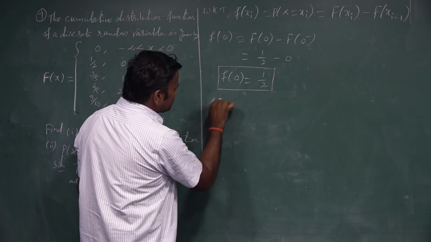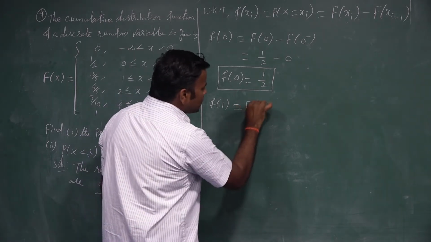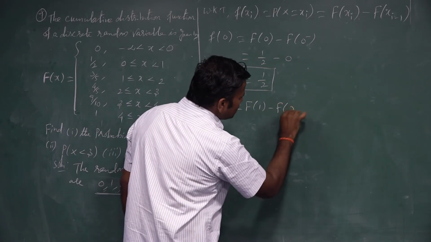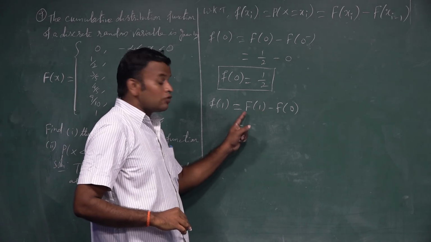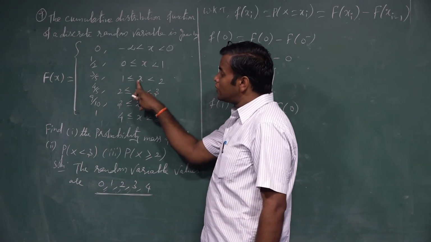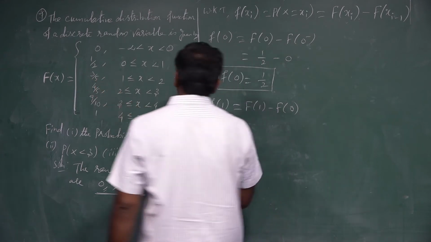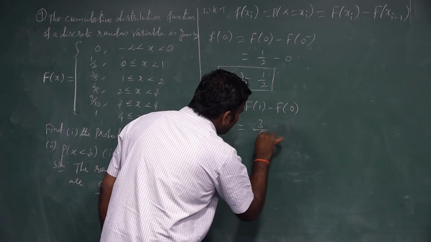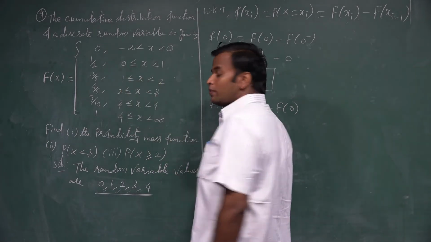So f of 0 is 1 by 2. Next, f of 1. The formula is capital F of 1 minus capital F of 0. When x is 1, 1 less than or equal to x, capital F of x is defined as 3 by 5. So 3 by 5 minus F of 0, which is 1 by 2.